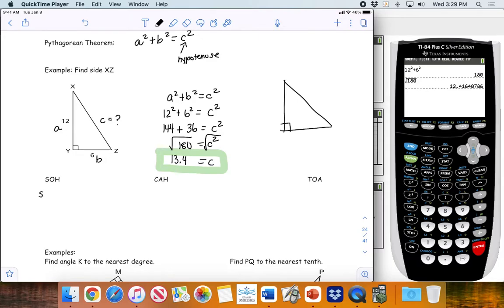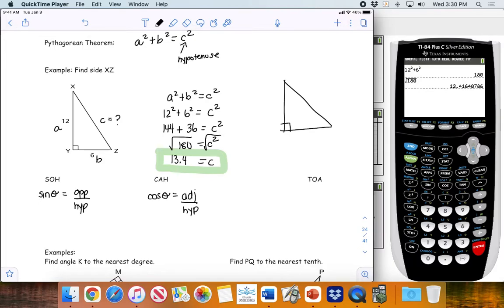SOHCAHTOA is just a short way of saying sine theta, which is your angle, sine of your angle, is always equal to the opposite side of the angle divided by the hypotenuse of that triangle. CAH is cos of your angle that you're looking from is always equal to the adjacent side, that's what the A stands for, over your hypotenuse.